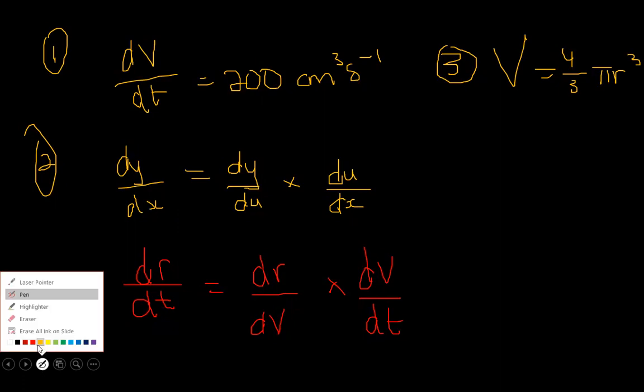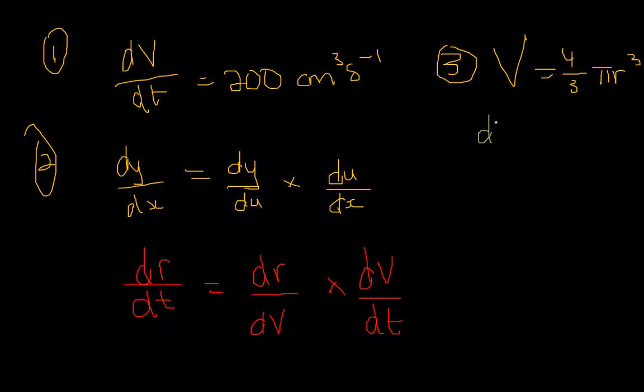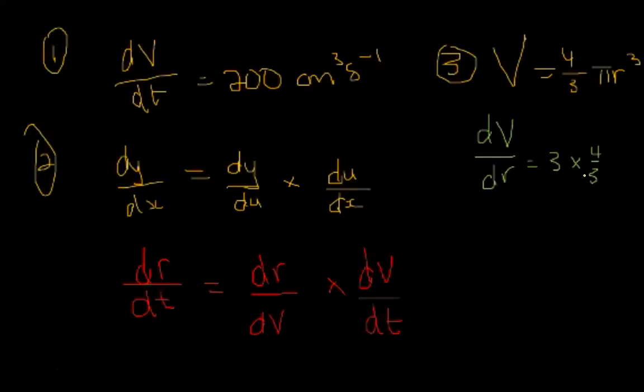Right. So what can this help me find? This formula, how can I use that to find what I want? Well, I can actually find dV on dr. Using my rule, this 3 would come over multiplied by 4 on 3 pi, and we know by the basic rule of differentiation, this 3 would become a 2 because I subtract 1 from the power.